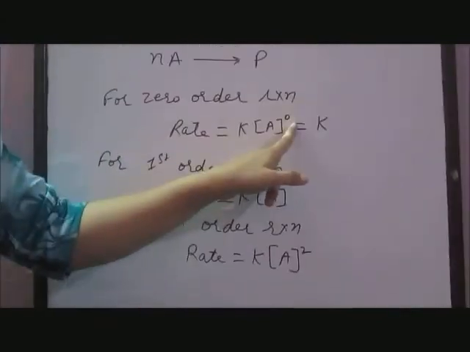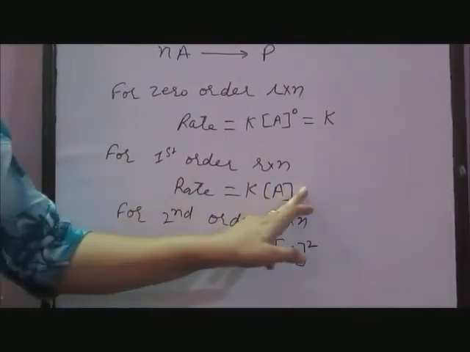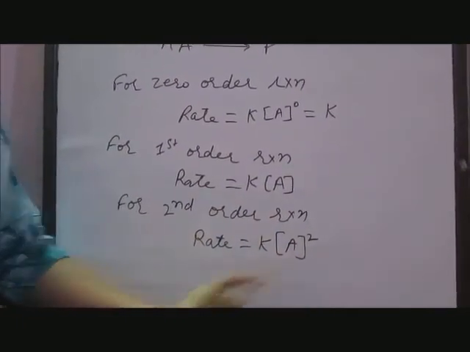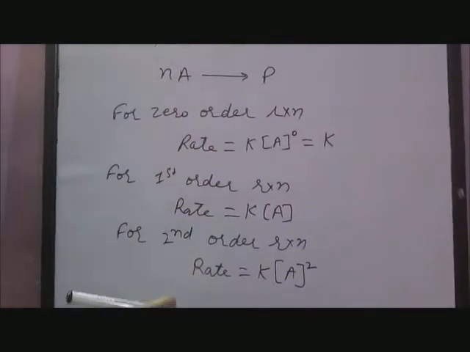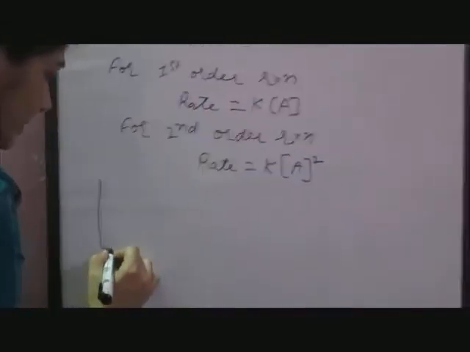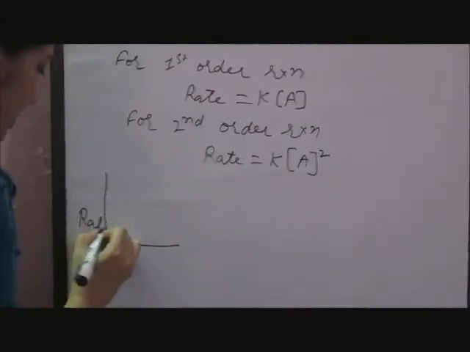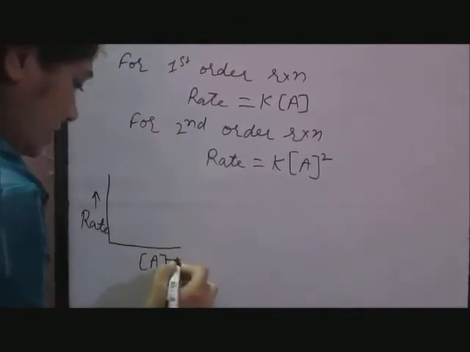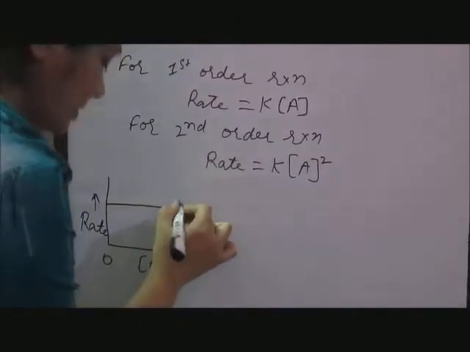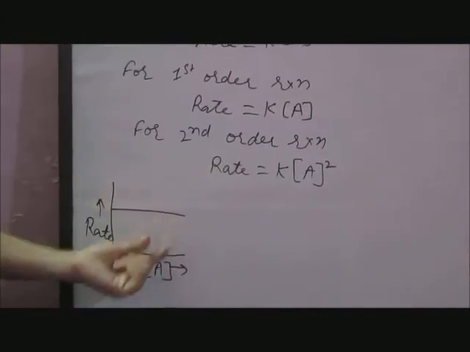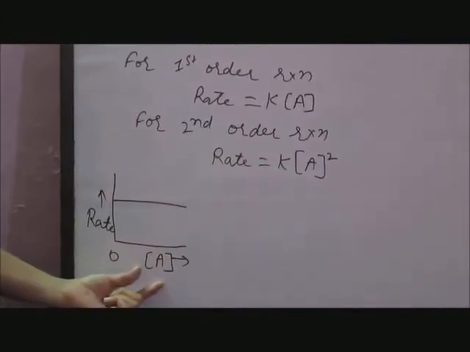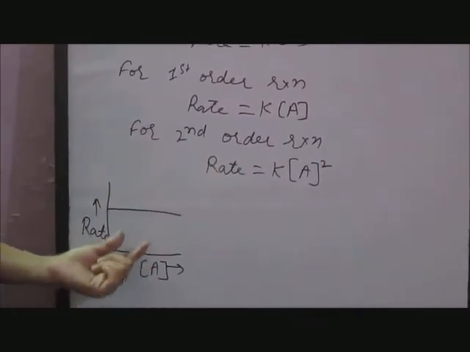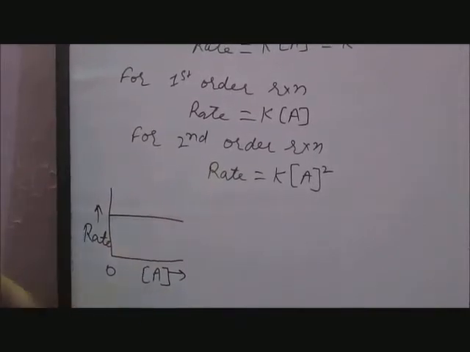Here the order is 0, here the order is 1 with respect to A, here the order is 2 with respect to A. If we plot a graph of rate versus concentration for zero order, we get a constant line parallel to the concentration axis, which represents the independence of the rate on concentration term.